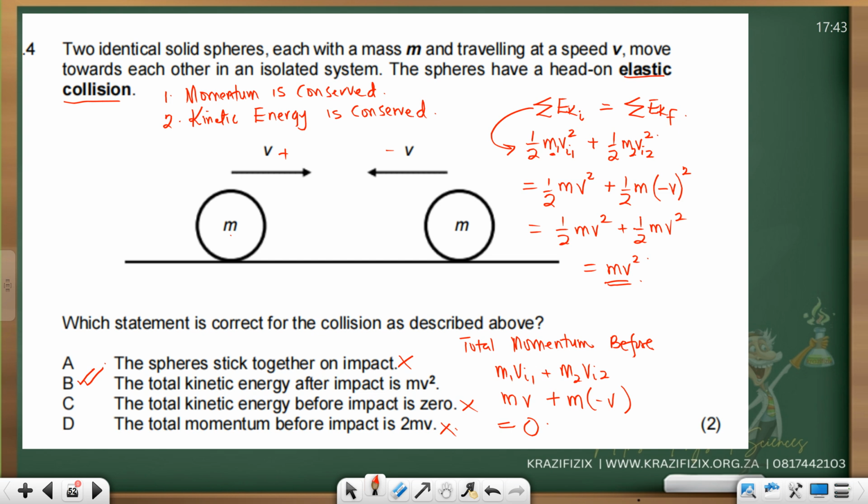Are we okay, guys, with what I'm trying to explain? Did it make sense to you? Come talk to me. Multiple choice is so important that we need to get it right.